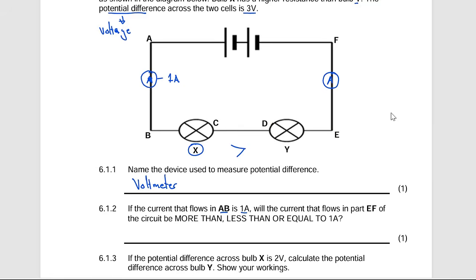So our answer there is going to be equal to. It is going to remain the same. Remember, this is a series circuit, and in a series circuit, there is only one path for current to flow. And from that one path, your current remains the same.